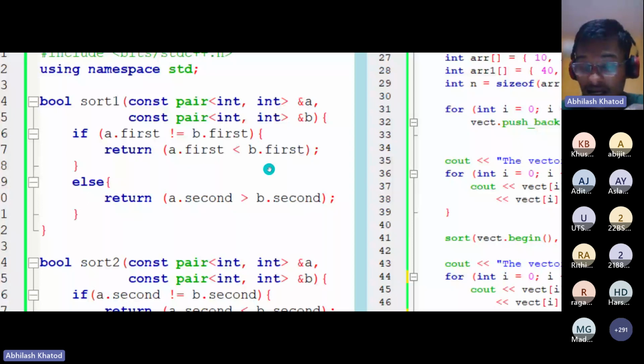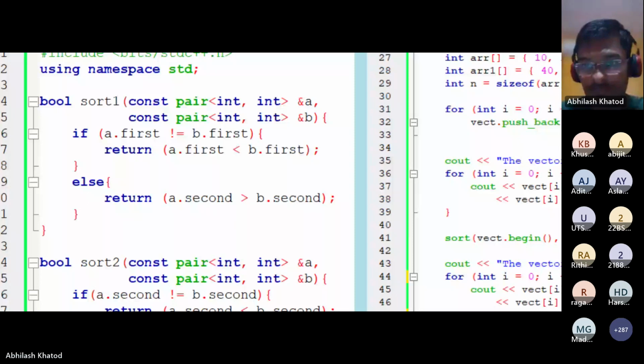Now, as we are writing a boolean, it will output the value true or false. If it is true, then a will be kept above b. But if it returns false, then b will be kept above a.